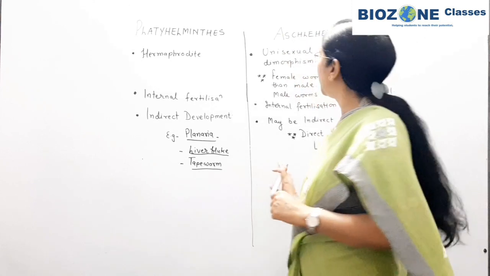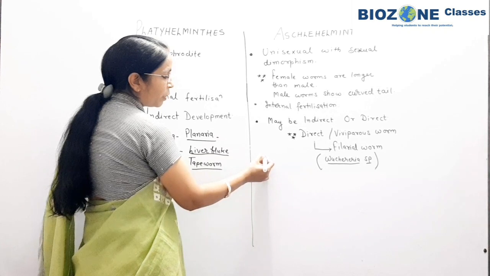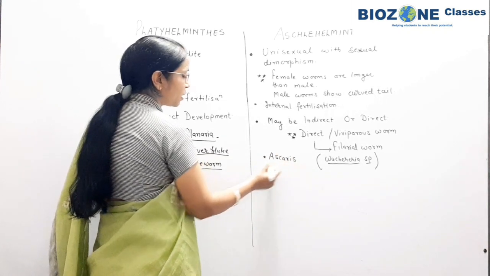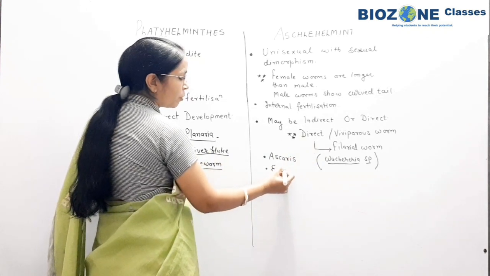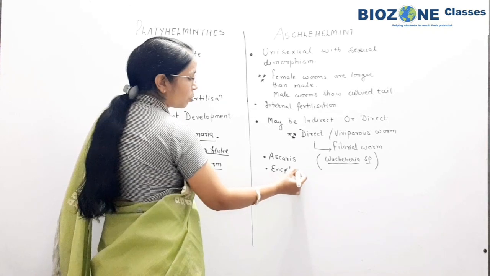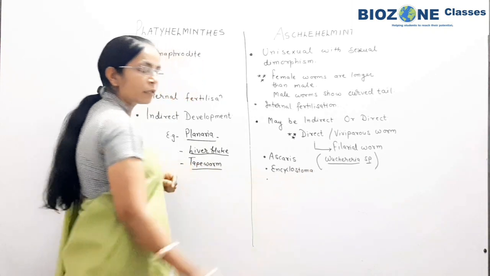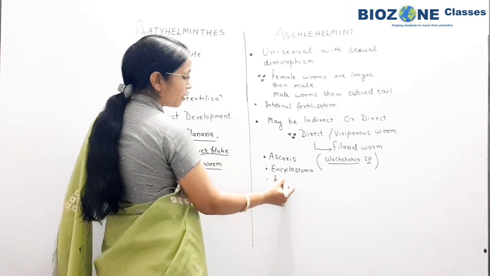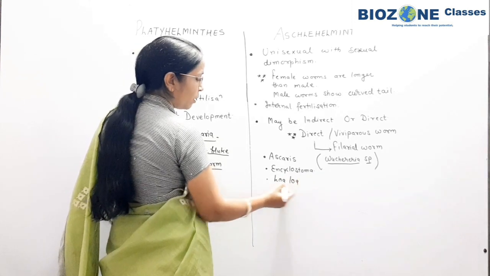In case of Aschelminthes, pay attention to the examples. One is Ascaris, which causes ascariasis. Second is the filarial worm, which we have already written. Then hookworm, or you remember Ancylostoma, which is called hookworm. Pinworm is another example. And eyeworm, remember the name of the genus and species: Loa.